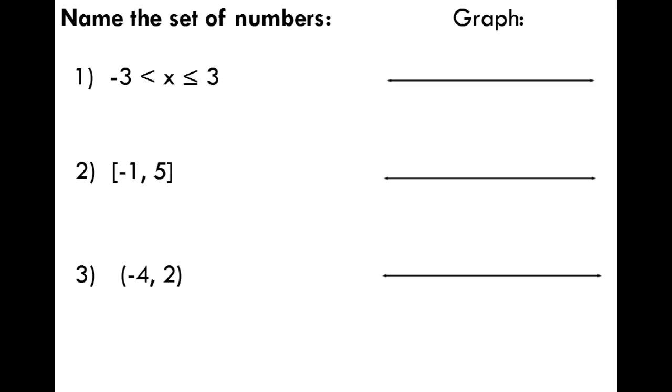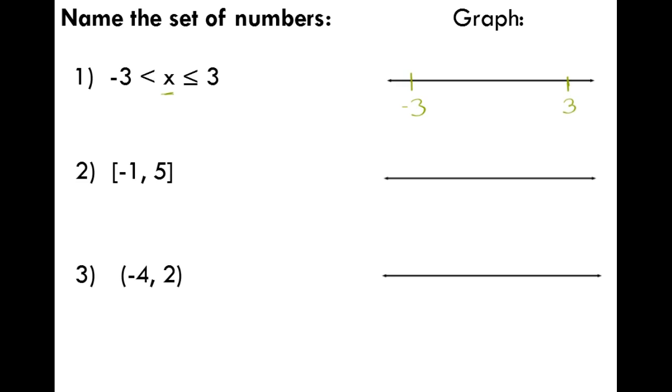Another way to represent these symbols is with a graph, a little mini number line graph. So if you take a look at number 1, it's saying that x, the value of x, is bigger than -3, but smaller than or equal to +3. So when I go to graph these, I take my lower number, stick it on one end, my higher number, stick it on the other end.